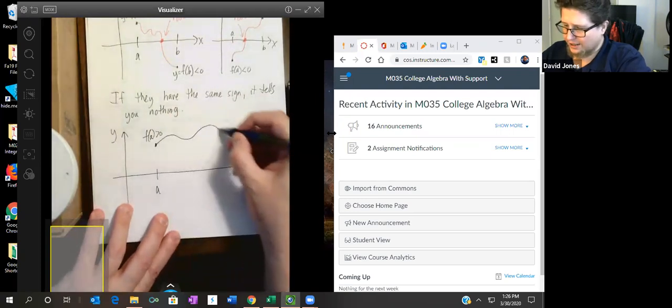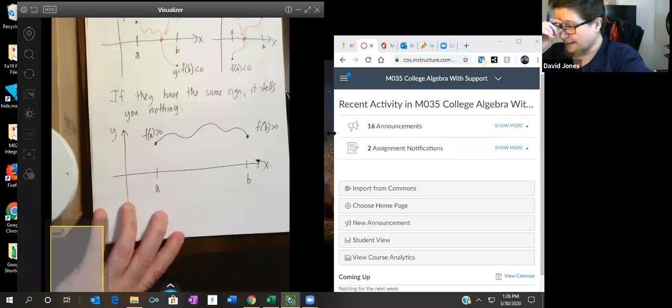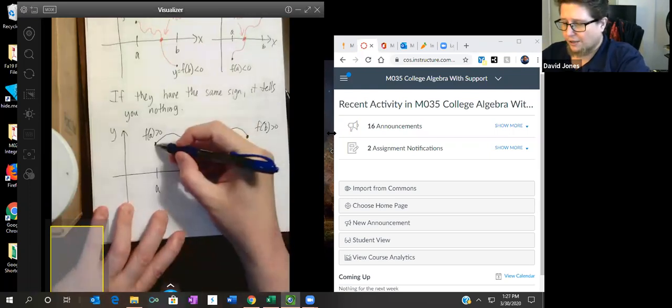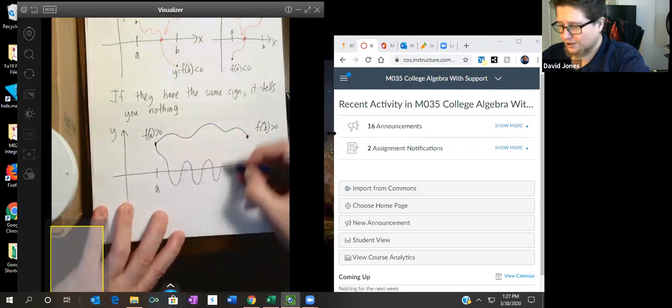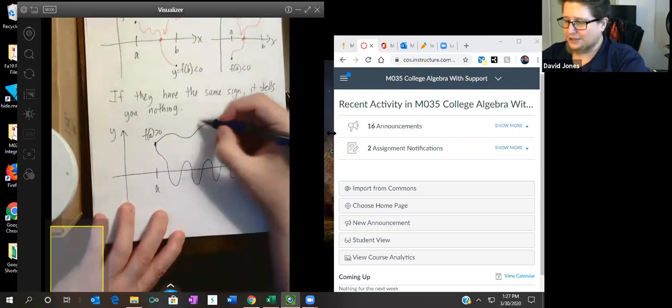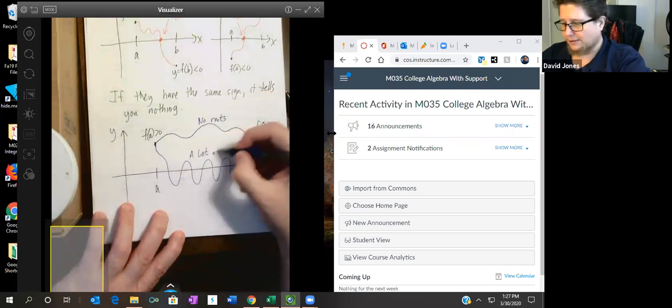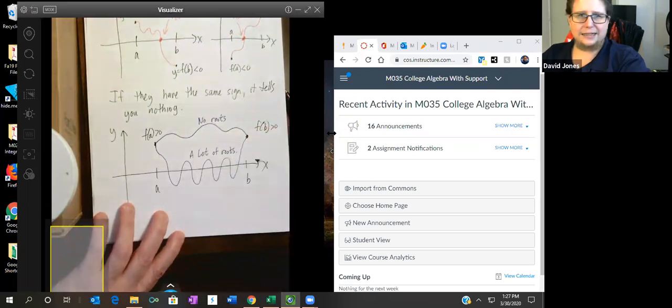The chicken could stay on the same side of the road the whole time. Oh, Frogger. Frogger's even better. If you've ever played Frogger, you're a frog trying to cross a busy street. It's an old game, and you die when your frog gets run over. Your goal is to get across the street. So the frog may never cross the street, or the frog may go back and forth, cross the street a bunch of crazy times and get there. This has no roots between them. This has a lot of roots. So when they're the same sign, it doesn't tell you anything.